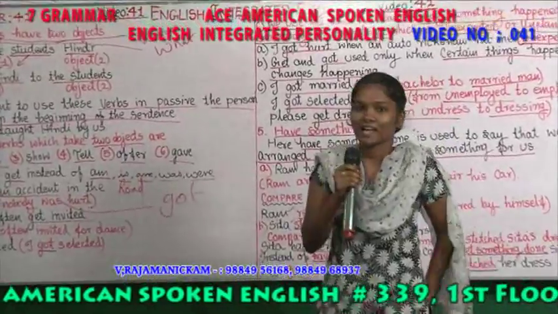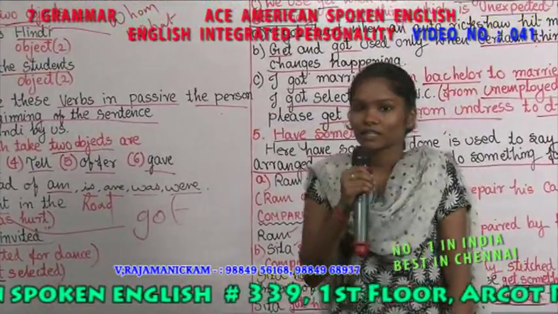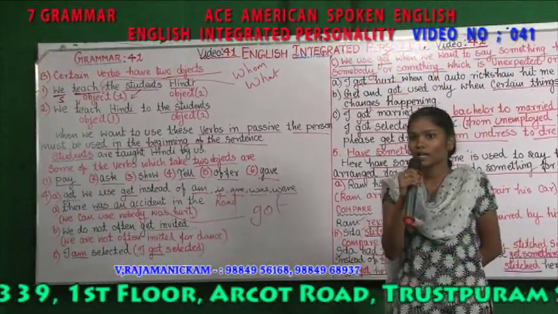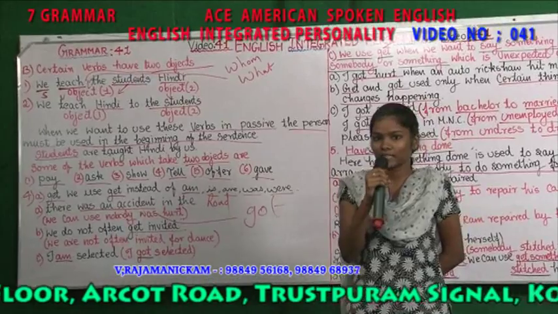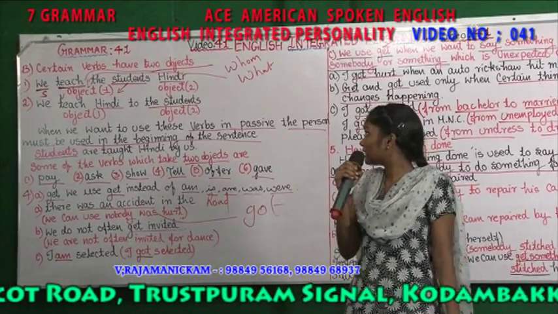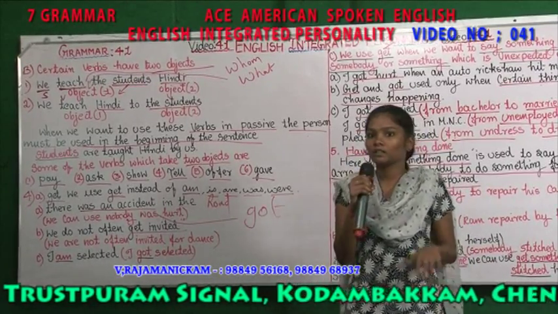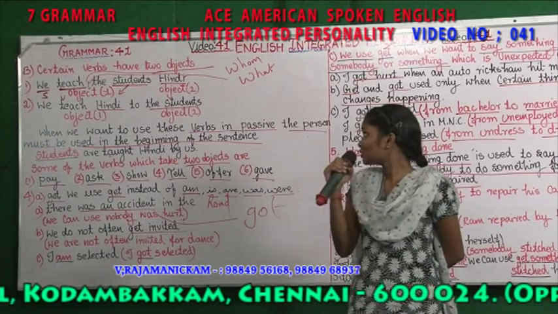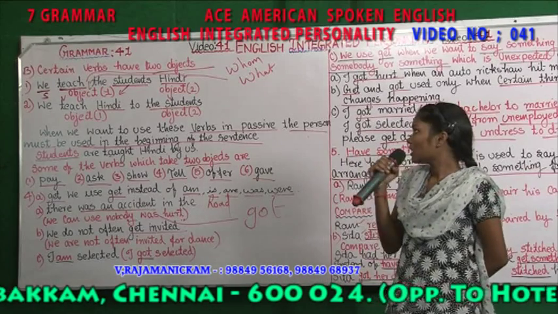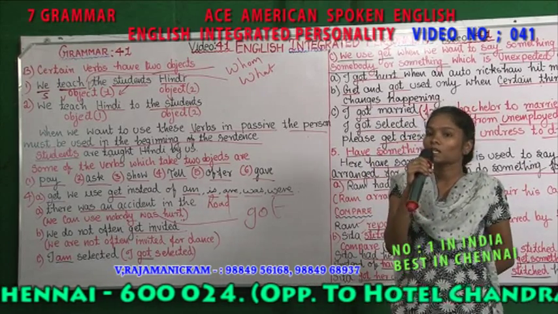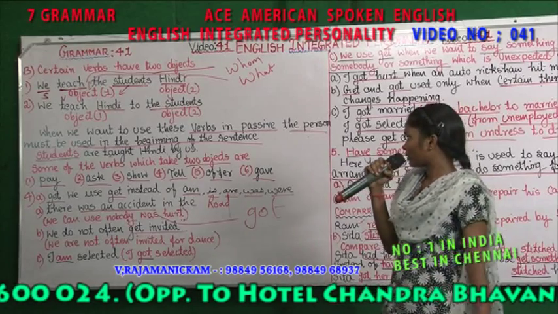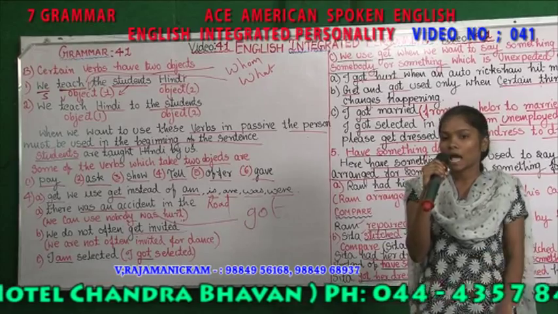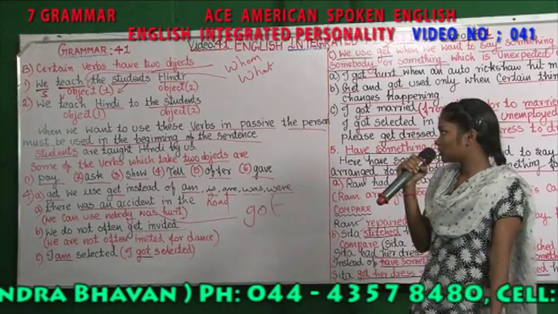Hi friends, I am Hemlata. Today's class is active to passive voice. We teach the student Hindi. There are two objects, student and Hindi. Students are taught Hindi by us. In passive voice, student will be in front. Next, we use the verbs with two objects: pay, ask, tell.